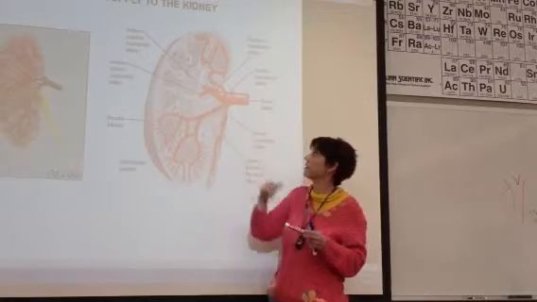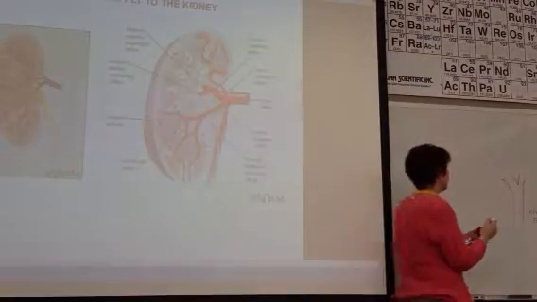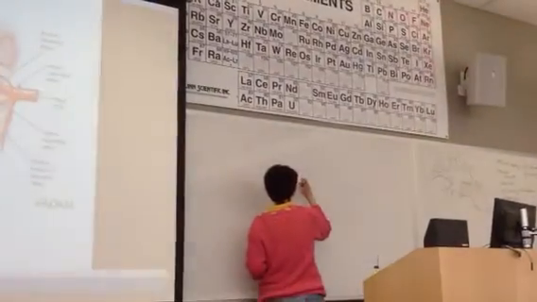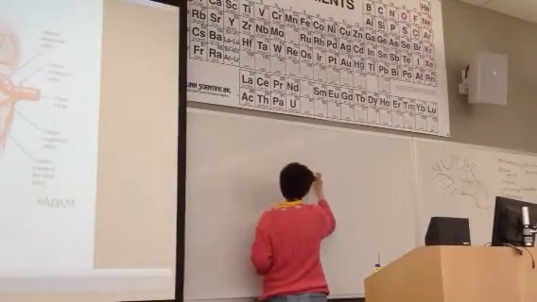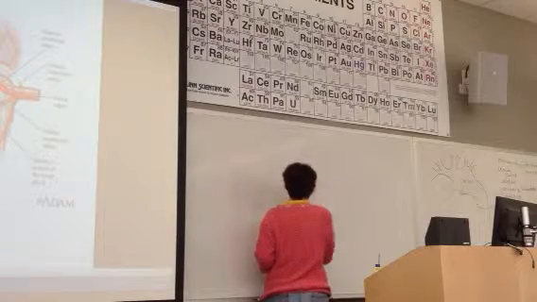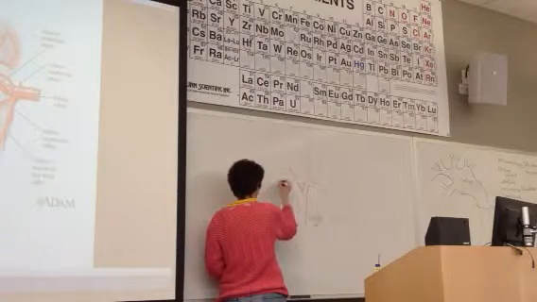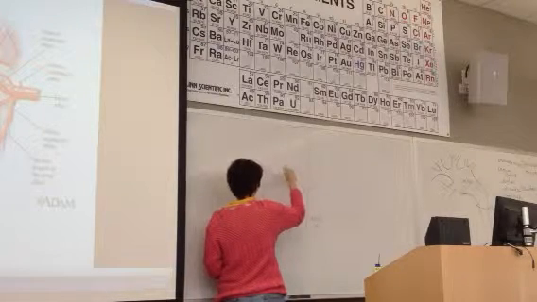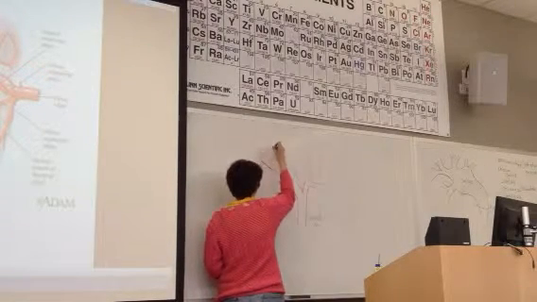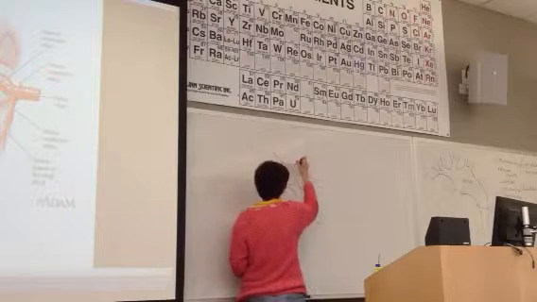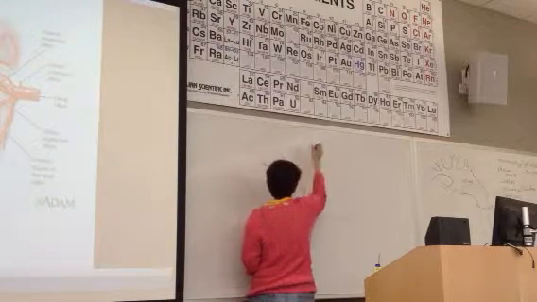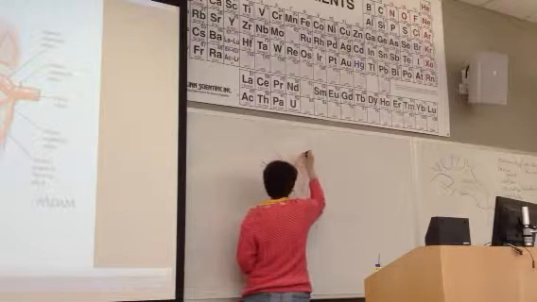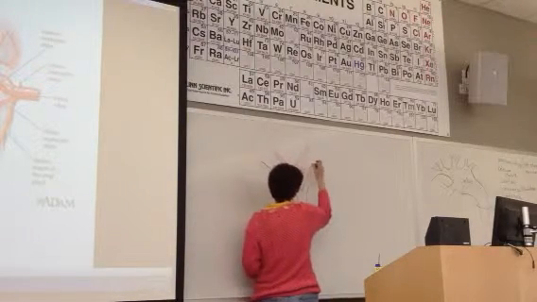Now, the first branches off of the renal arteries are segmental arteries, but I don't require that you know those. And then from each segmental artery, we give off an interlobar artery that is going to travel between each pyramid.